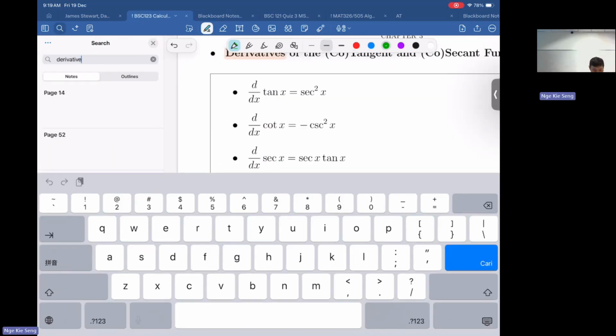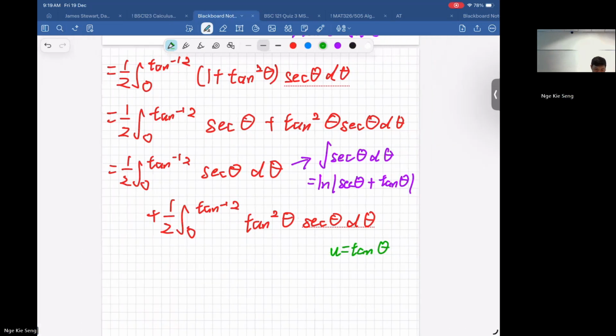The derivative of tangent is secant square theta. Does it work? Feels like it's not working.